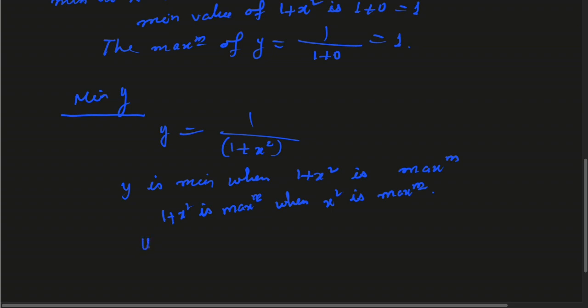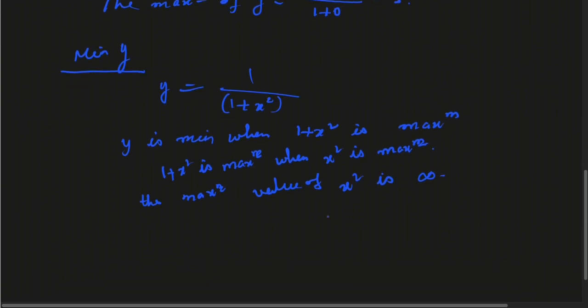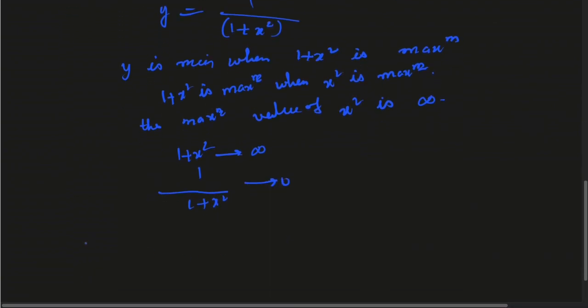The maximum value of x square tends to infinity. So when x square tends to infinity, 1 plus x square also tends to infinity. This means 1 upon 1 plus x square tends to 0. Thus the minimum of y is 0.